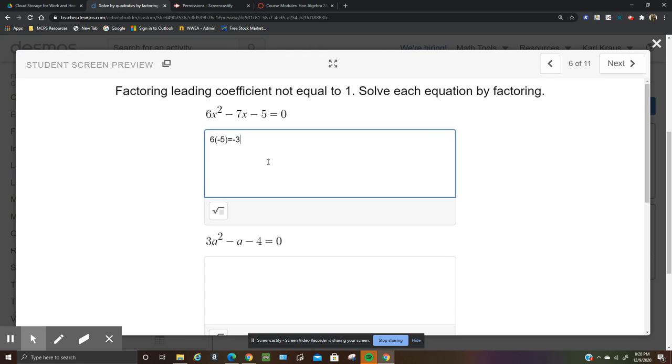That's negative 30. So the factors of negative 30 that add to negative 7 are negative 10 and 3.